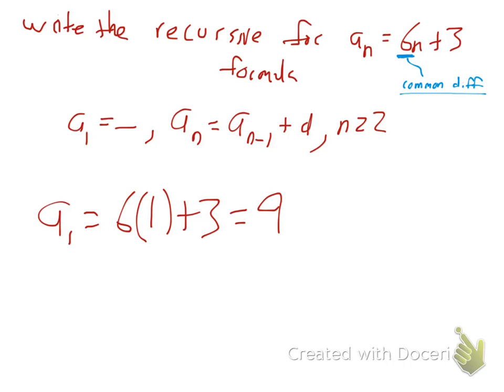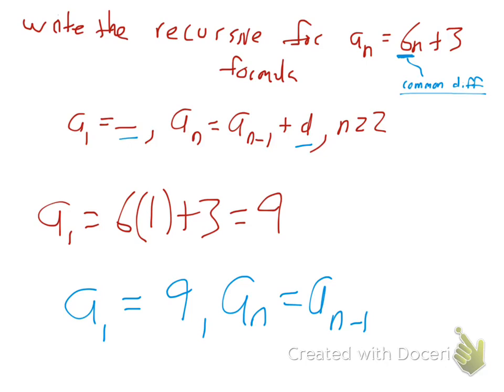That number there, 6, is your common difference. And so therefore, you know d and you know a. So a sub 1 equals 9, where a sub n equals a sub n minus 1 plus 6, where n is greater than or equal to 2. You're done. It can be that easy, because every formula has the information there. You just need to pull it out and use it.